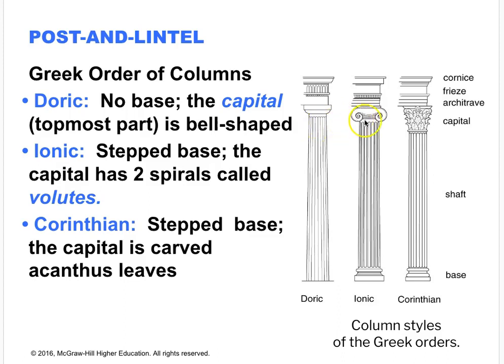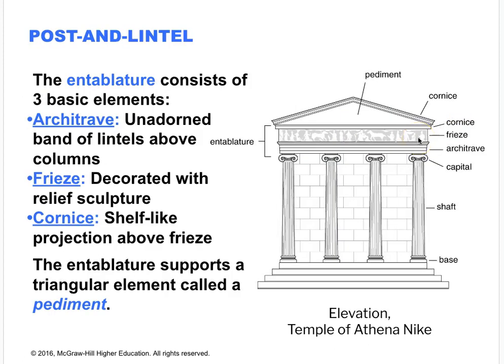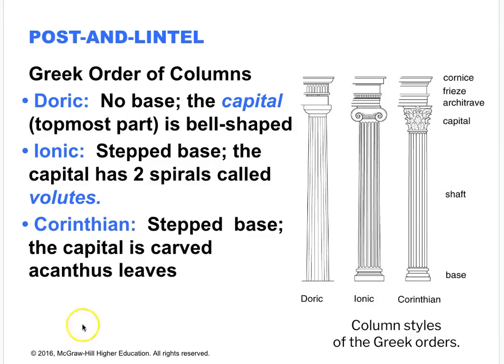Early, middle, and then lastly, we have the latest one, called the Corinthian column. The base has these stepped pieces, just like the Ionic column, the shaft, and then the capital up here has elaborated sculpted leaves. As you can see, they're like each little individual leaf bending over. And those are acanthus leaves.